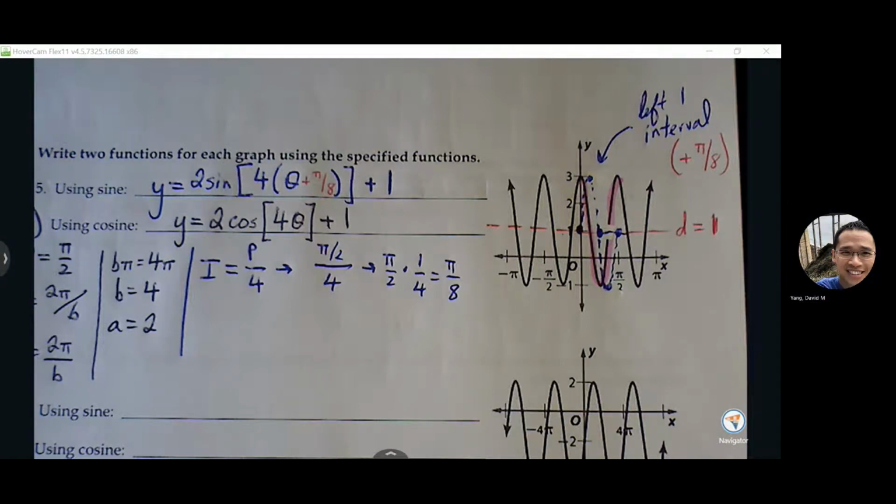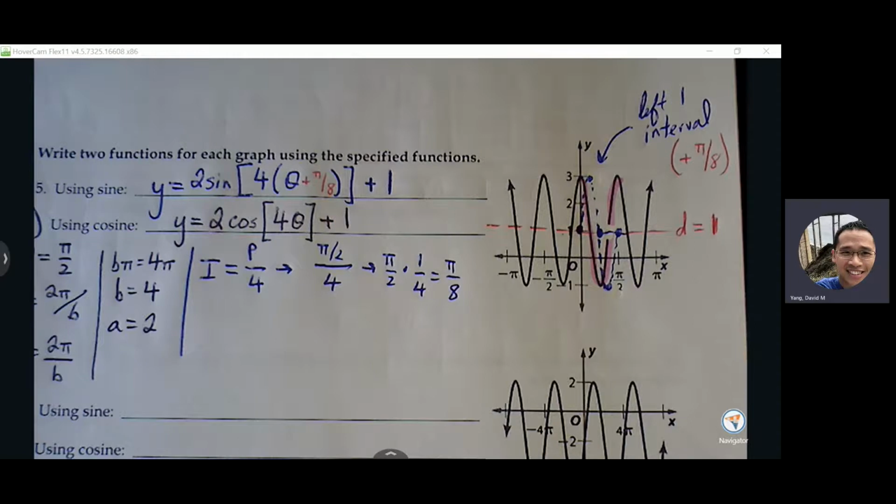Okay. Questions? How are you able to plot those points in the first place? Well, without knowing, right? So you know that your sine graph is going to be very similar. It's going to complete its cycle within pi over 2. So I'm just looking at the points that the cosine has.